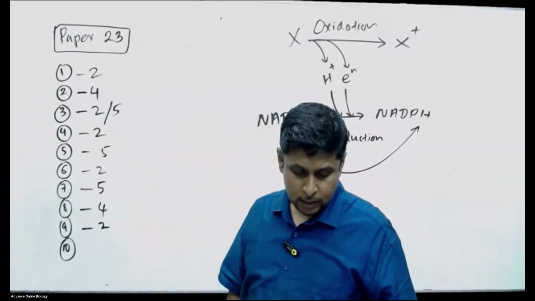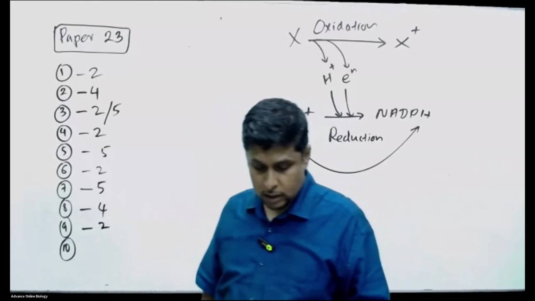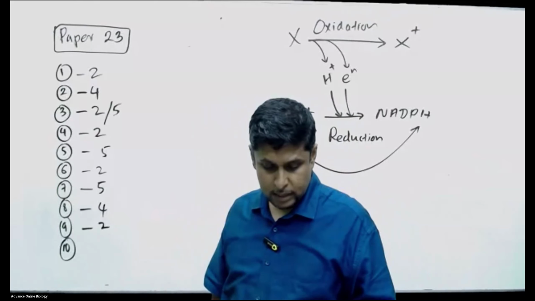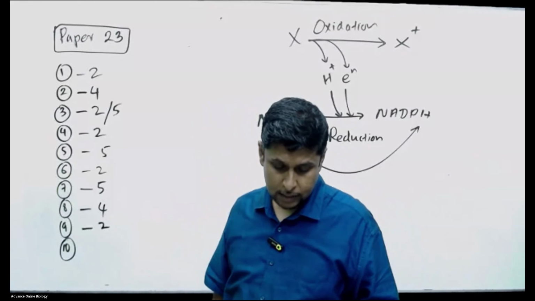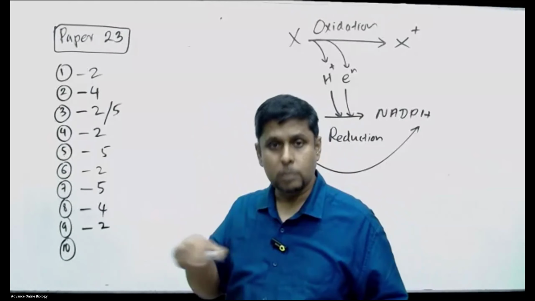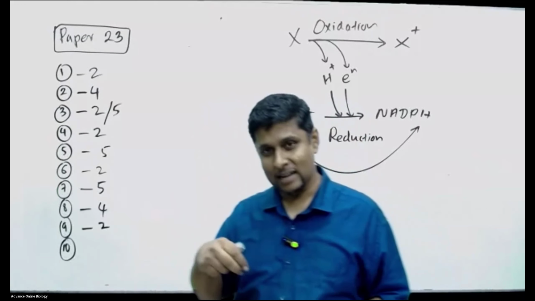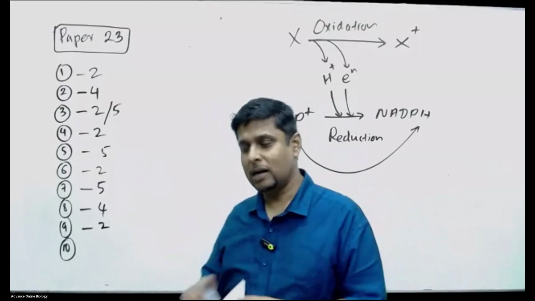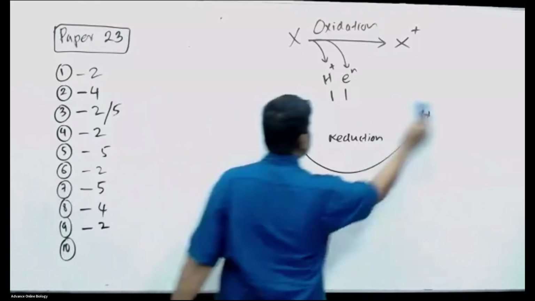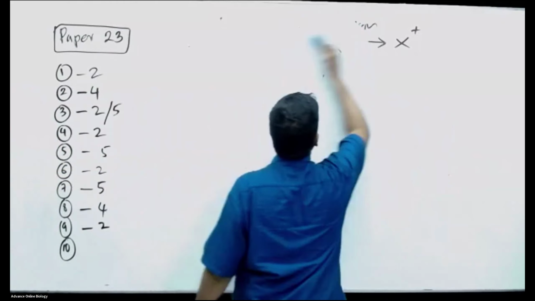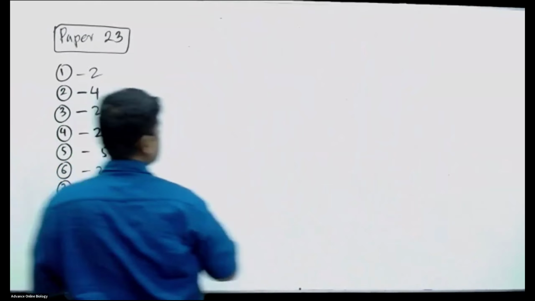Question number 10. Correct statement regarding responses of the plants to stimuli from the environment. Canopy of the forest absorbs far red light rather than the red light. Wrong. Canopy absorbs red light, not far red. So what comes down to the plant under the shade? The far red, therefore it can result in some photomorphogenesis.